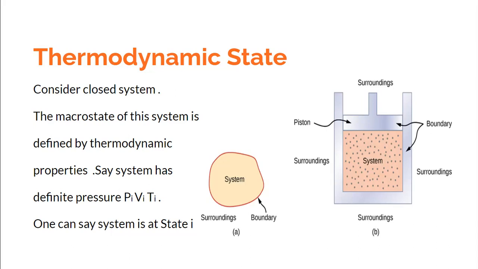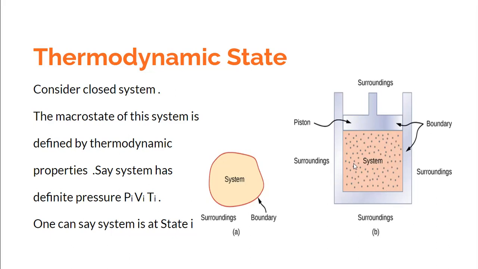So what we do is that if I want to describe this system, then we can describe it with the help of thermodynamic properties. For example, let us say that this system, which you see over here in this figure, has a gas in it, and this gas had a certain pressure Pi. This volume is Vi, and suppose this gas is at a temperature Ti.